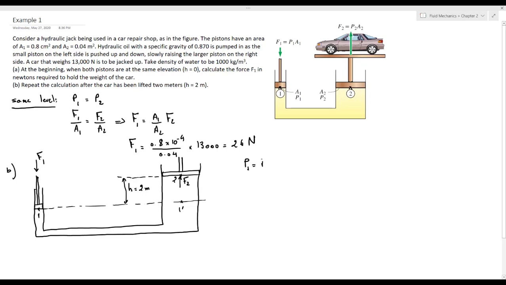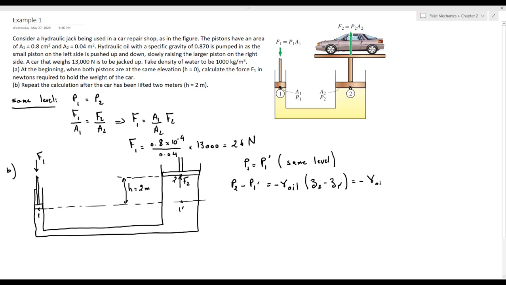So the pressure at point 1 is equal to the pressure at point 1 prime, since they are at the same level. And if we apply the hydrostatic formula between 1 prime and 2, we'll have P2 minus P1 prime is equal to minus gamma oil into Z2 minus Z1 prime.